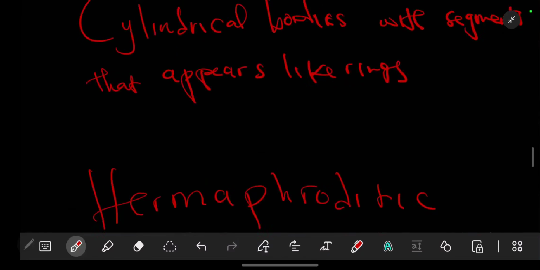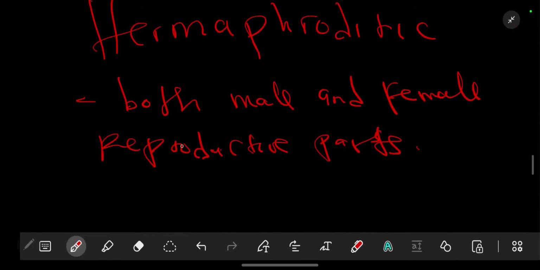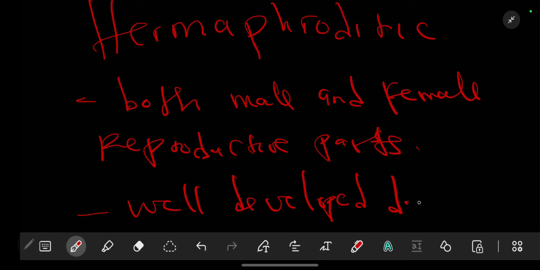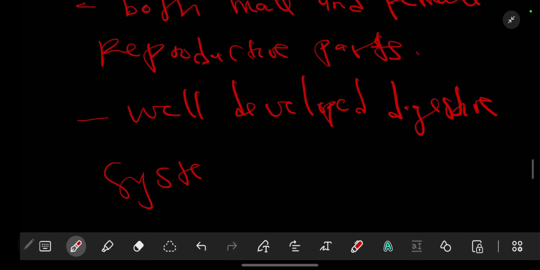Hermaphroditic simply means they have both the male and the female reproductive parts, not just any parts but reproductive parts. They also have a well developed digestive system. So those are some of the characteristics before we move on.